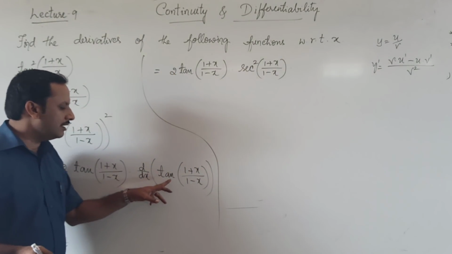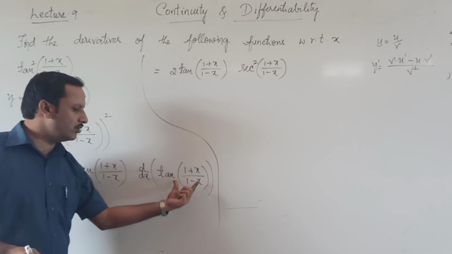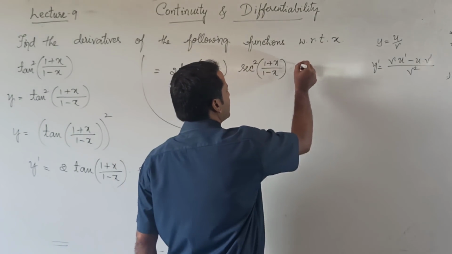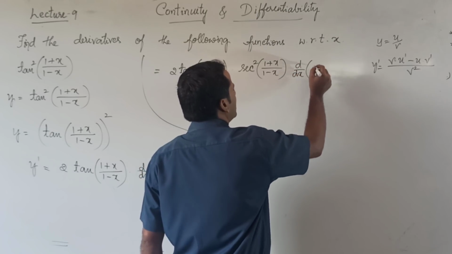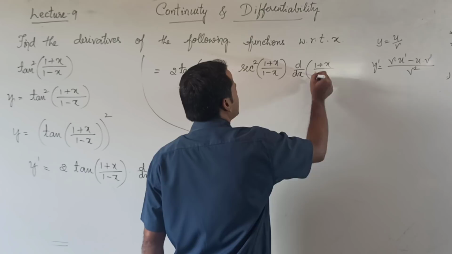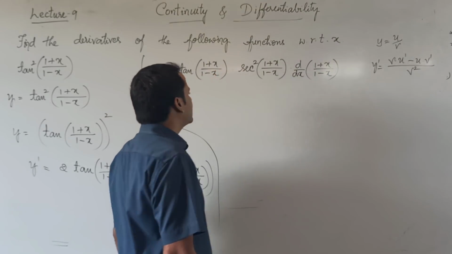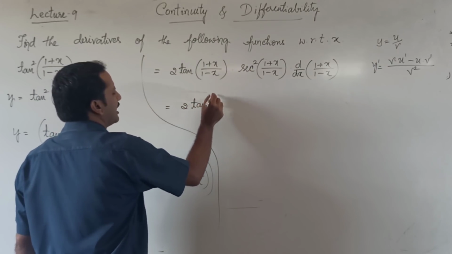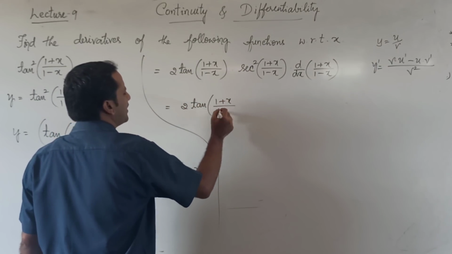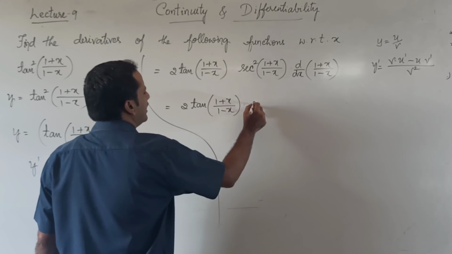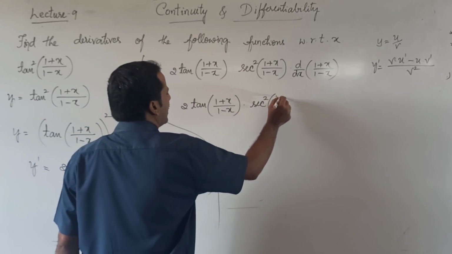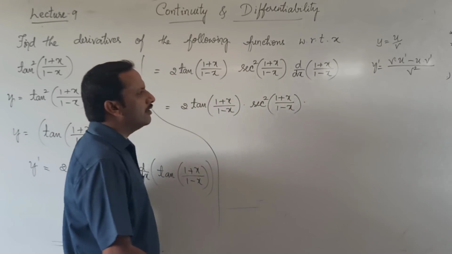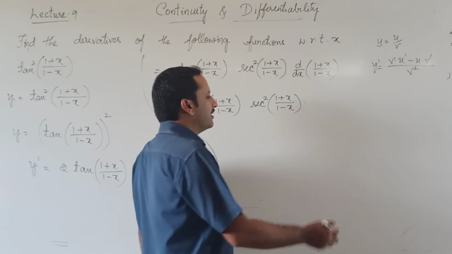Now we have differentiated tan, now we have to differentiate this. Derivative of (1 plus x) by (1 minus x), d by dx of (1 plus x) by (1 minus x). This is equal to 2 tan (1 plus x by 1 minus x) into secant square (1 plus x by 1 minus x) into the derivative of (1 plus x) by (1 minus x).